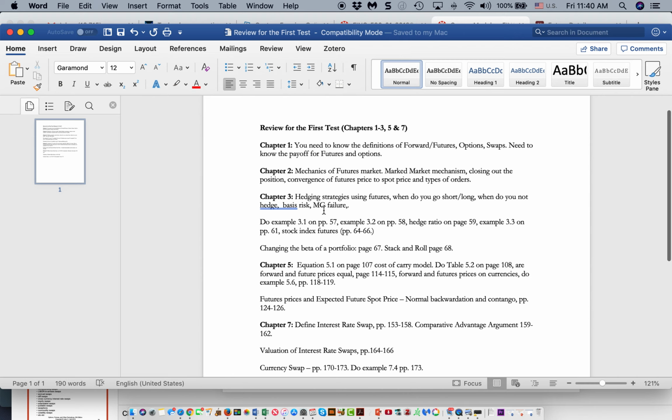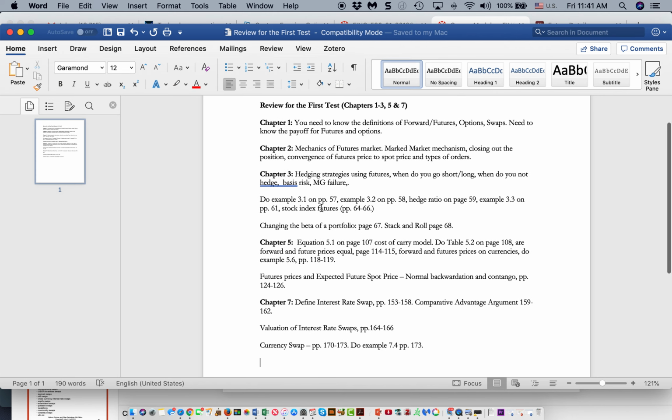Hedging, chapter 3, is something you need to focus on. Right now we are going through normal backwardation, normal contango, and margin failure, basis risk. All of those are also very good for your exam. And I say do example 3.1 on page 57 and others.